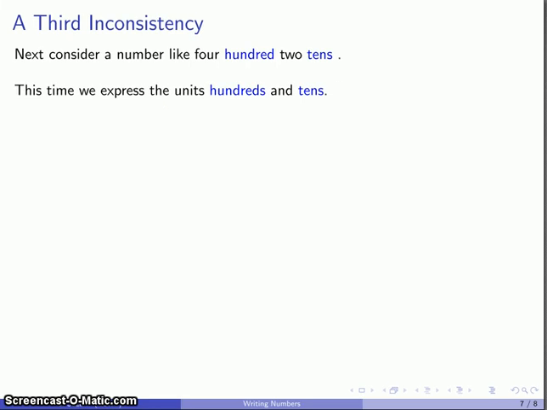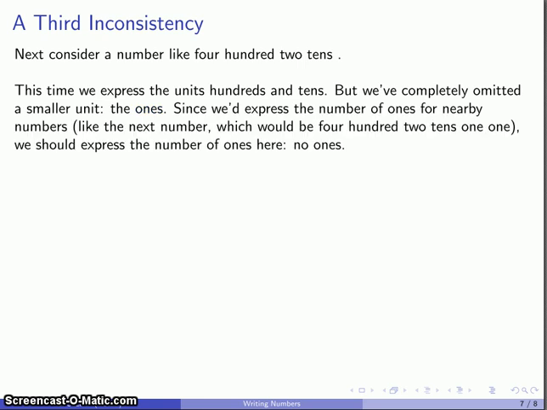It might not be clear why we'd want to include the ones, but if you look at nearby numbers, for example the number after 4 hundreds 2 tens, you would describe that as 4 hundreds 2 tens 1 one.